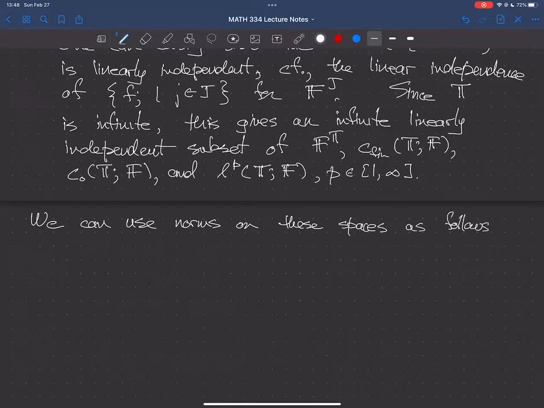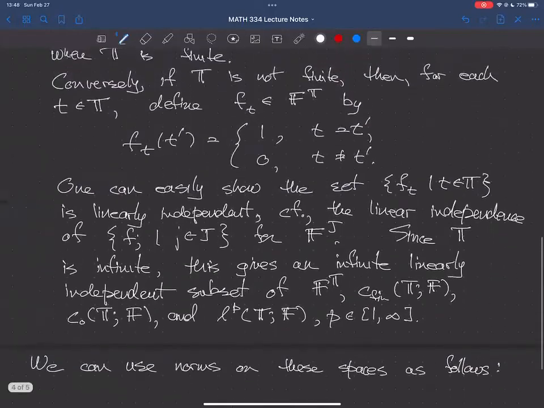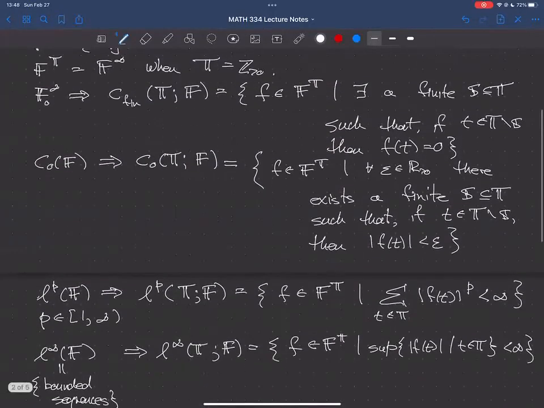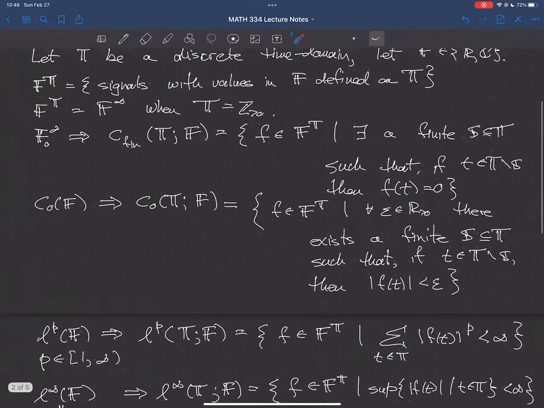All right, so we're going to look at this from the point of view of, we have these spaces. What's the right norm to use on these spaces? Well, let's start with this one.